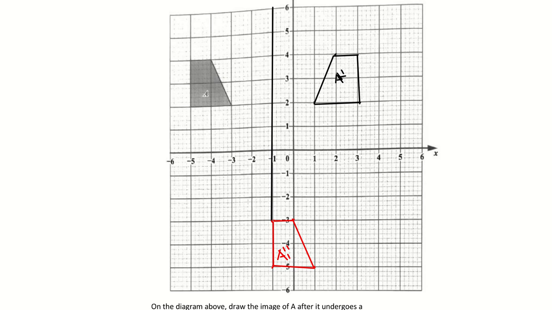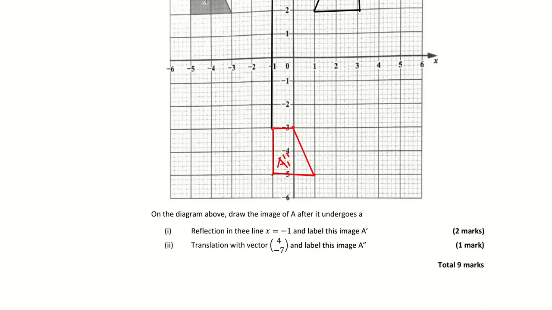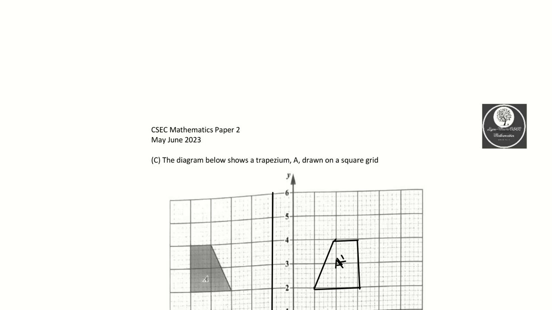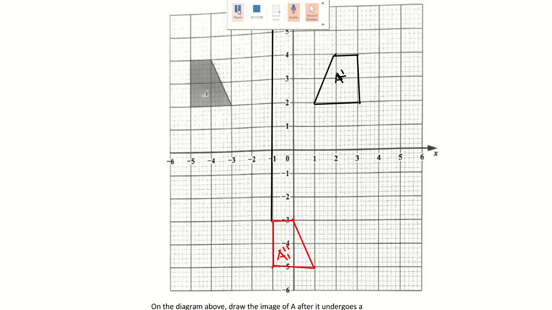Right, that is how you would do this question here. But we can check it back because I'm not 100% sure. 1, 2, 3, 4, and then 7 units down, 1, 2, 3, 4, 5, 6, 7. So this point here, after it undergoes the transformation, goes to that point. Right, (4, -7). And that is how you would have done May/June 2023, number 3.